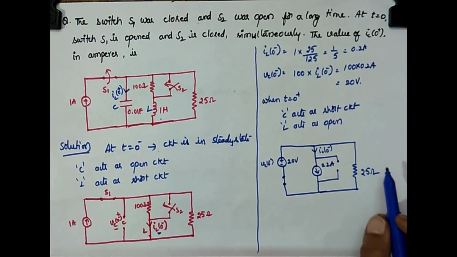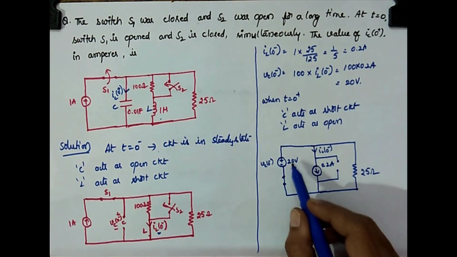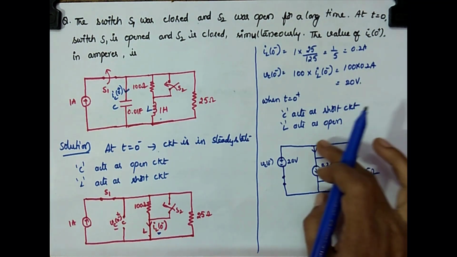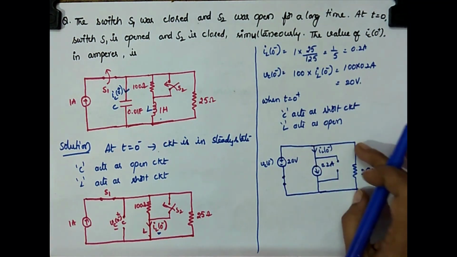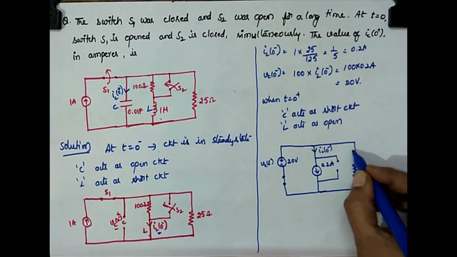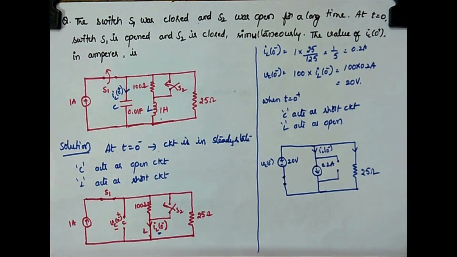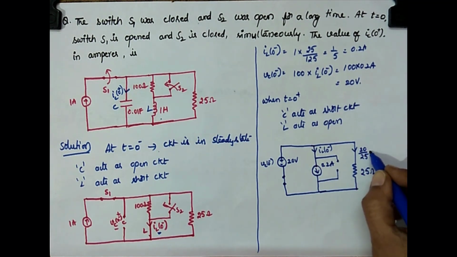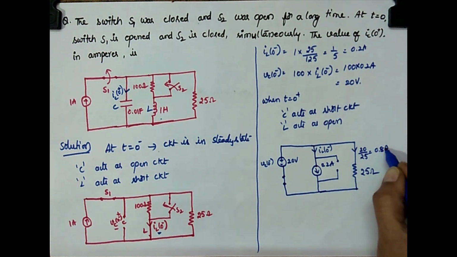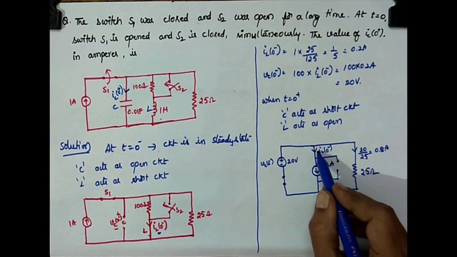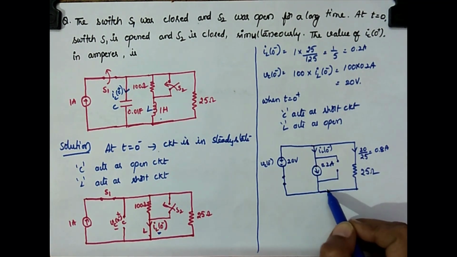Now this 20 volts is the voltage across this parallel combination, meaning the voltage across the 25 ohm resistor is 20 volts. So the current flowing through the 25 ohm resistor is 20 by 25, which is 0.8 amperes. So from this side you are getting 0.8 amperes, and from this side you are getting 0.2 amperes.